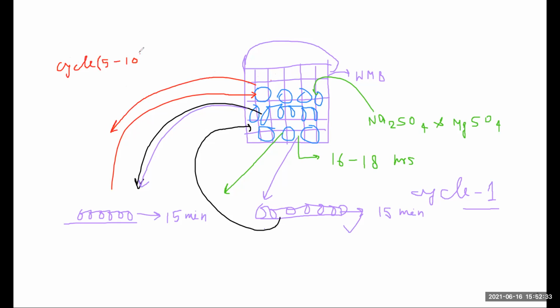Again we take another fraction and repeat the whole procedure for 5 to 10 cycles. Here the material passing 10 mm sieve and retained on 30 micron sieve is dried and taken for the test.